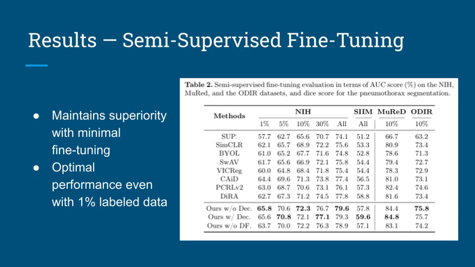Across all levels of label availability, CoBooM maintained a clear advantage over competing methods, notably at the extremely low level of supervision of just 1% labeled data. CoBooM achieved an impressive AUC score of 65.8%, outperforming the best performing baselines by a margin of 2 to 3%.